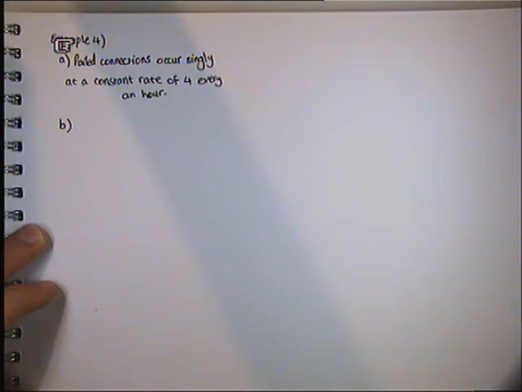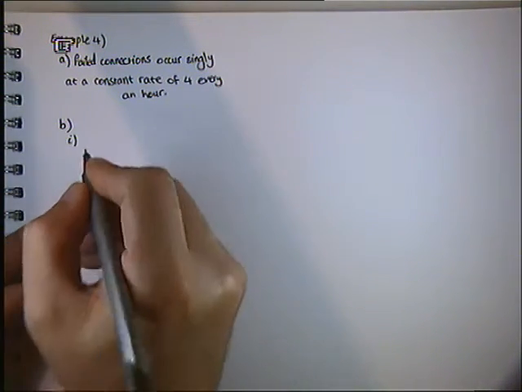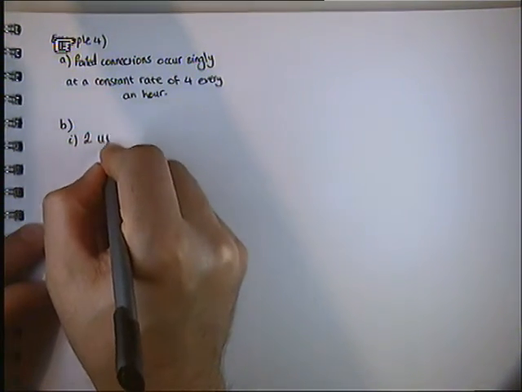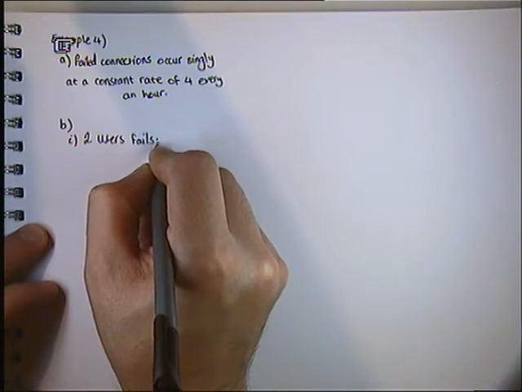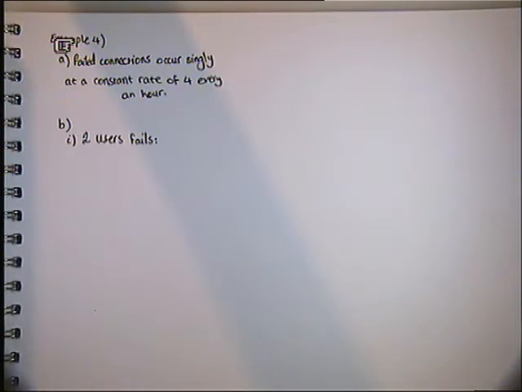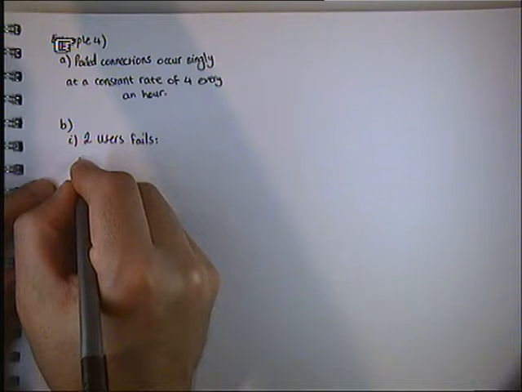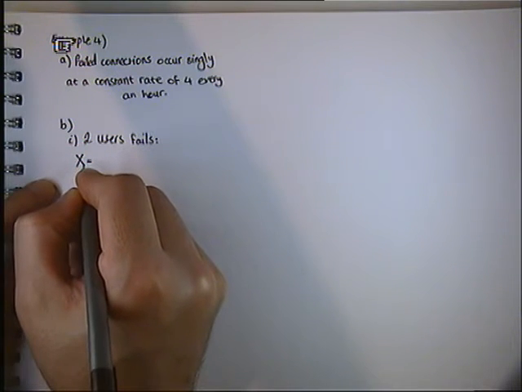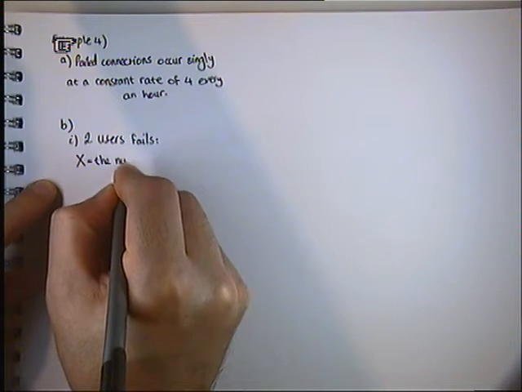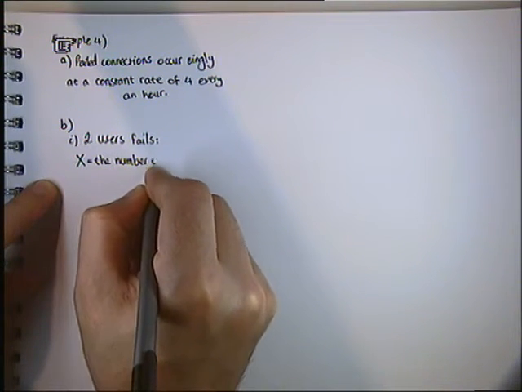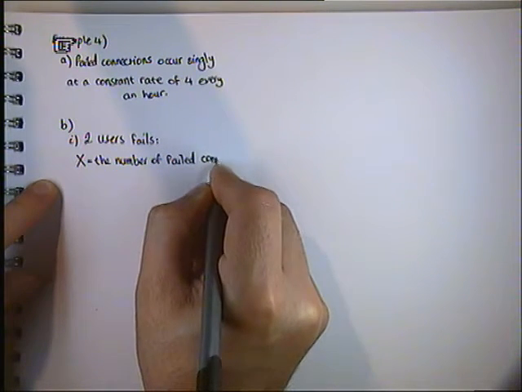Okay, so part B. Find the probability that in a randomly chosen hour, part 1, 2 users fail. First of all, we have to model it as a Poisson distribution. Let x be equal to the number of failed connections.